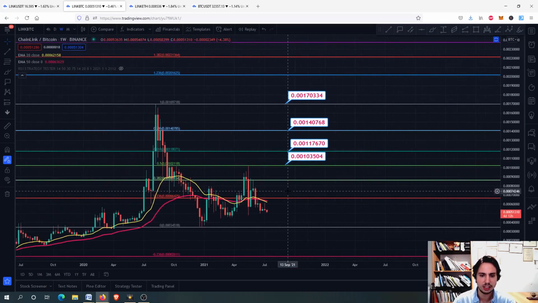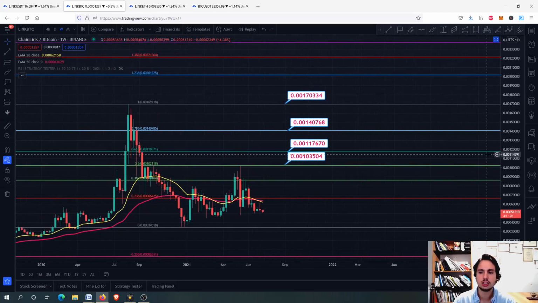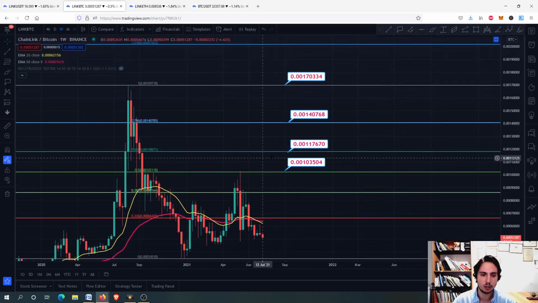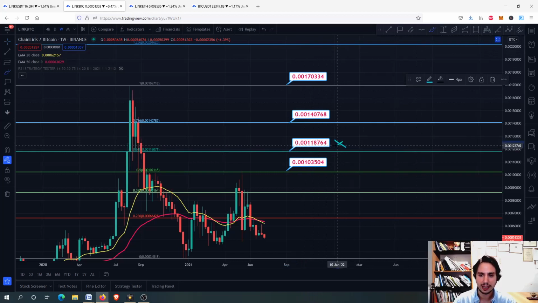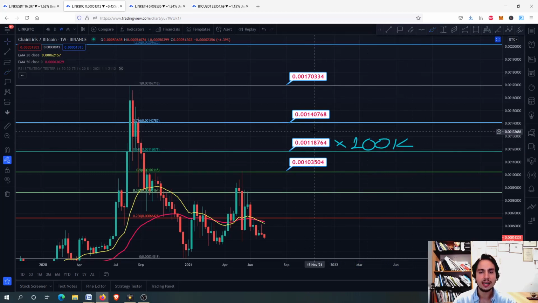And what we want here for Chainlink is to see how fast we can actually go to the 0.618. I think we can go fast there, but the price label for Chainlink will be 0.0011 around there. You can see the price label. If you multiply this price with 100k Bitcoin, let's say by the time we reach there Bitcoin will be 100k, then you get 118 Tether USD for Chainlink, right?